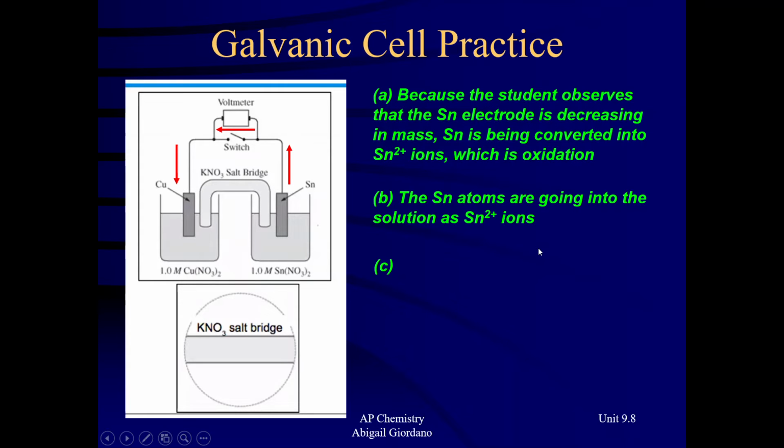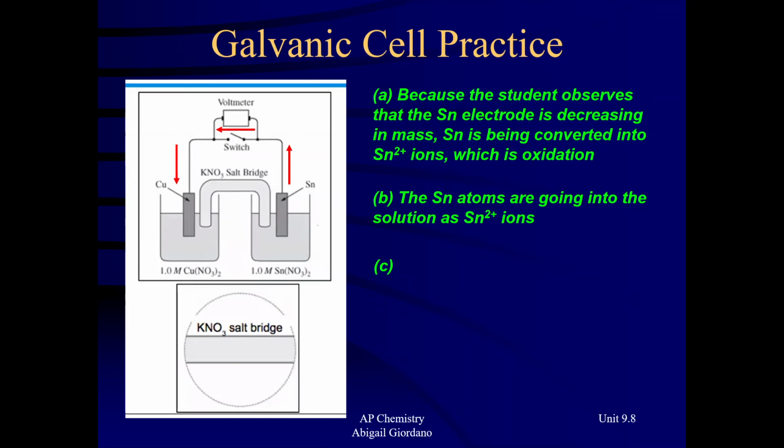Okay. All right, part C says in the expanded view of the center portion of the salt bridge, shown in the diagram, draw and label a particle view of what occurs in the salt bridge as the cell begins to operate, and we don't have to draw in any solvent molecules like water.